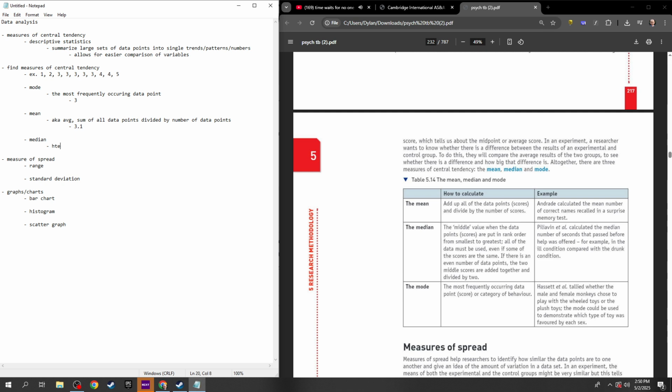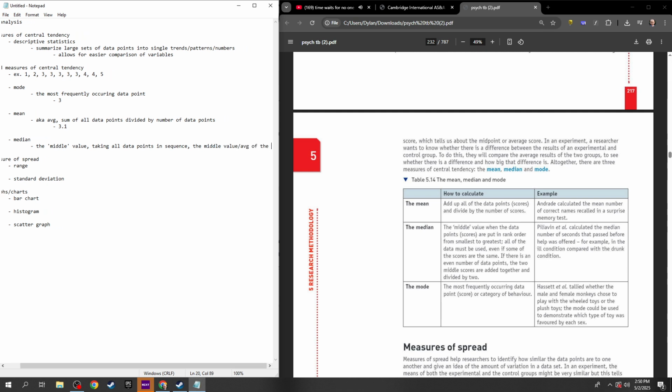So the quote-unquote middle value, taking all data points in sequence, the middle value slash average of the 2.